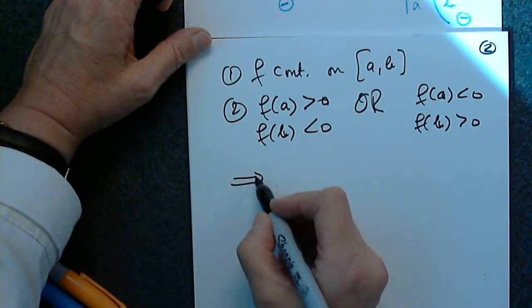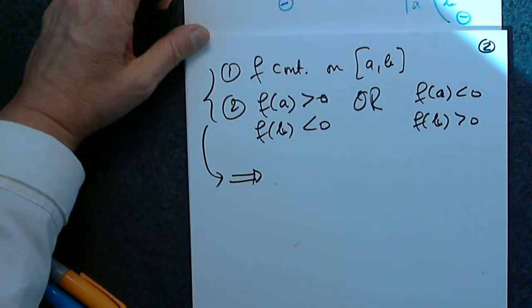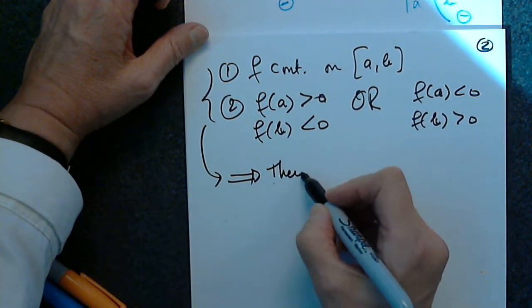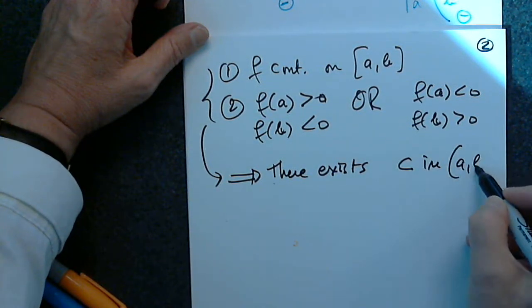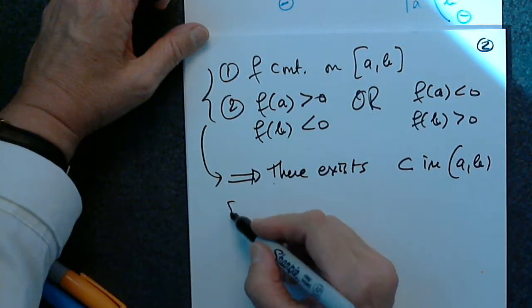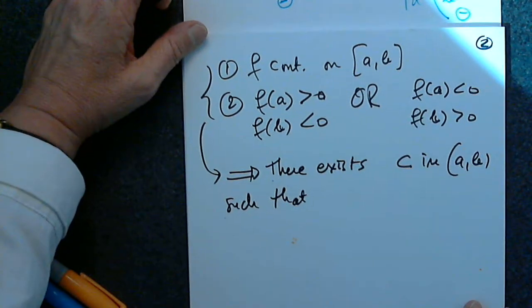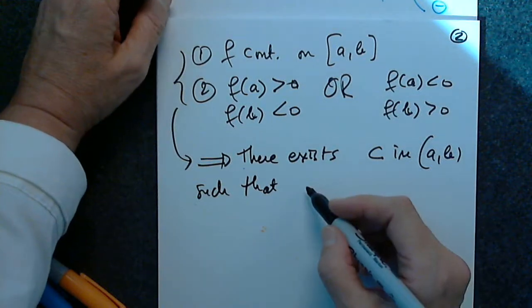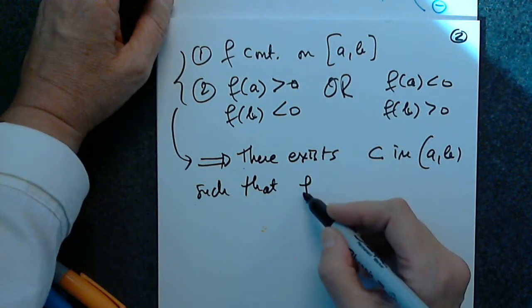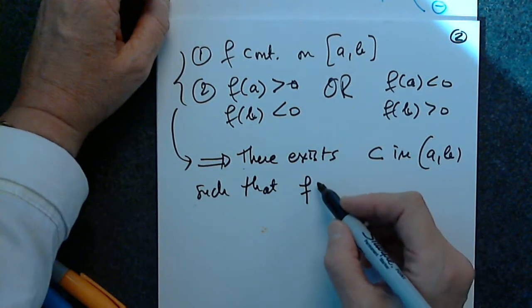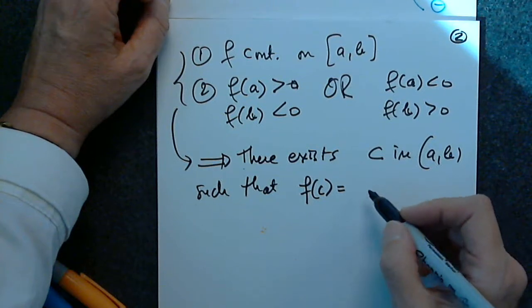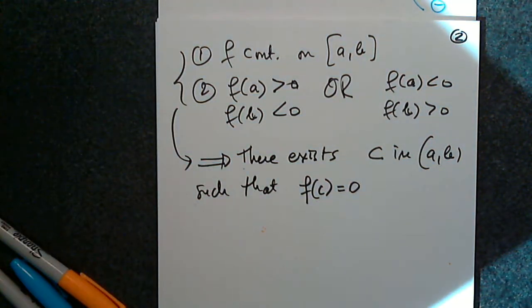It means from these two, the result is that there exists c in the open interval a comma b, such that f of c is exactly 0. We don't know what it is, but we know it's between a and b. That's the intermediate value theorem.